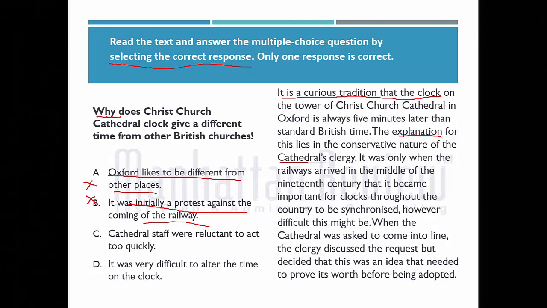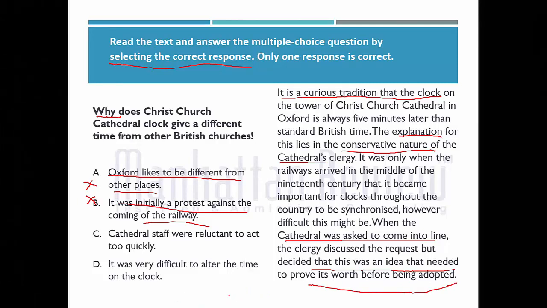Conservative again means reluctant, orthodox, reserved. So you have the same thing in your C, that they were reluctant to act too quickly. We have the same explanation in the last line, that when the cathedral was asked to come into line, the clergy discussed this request but decided that this was an idea that needed to prove its worth before being adopted, which shows that they were reluctant enough to act too quickly.